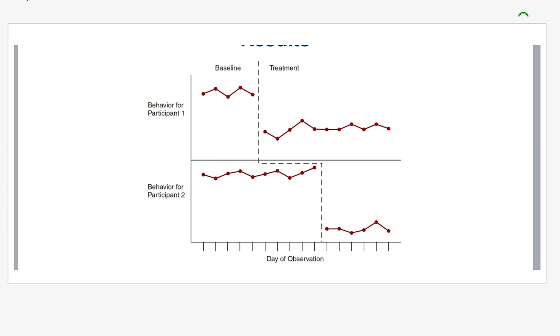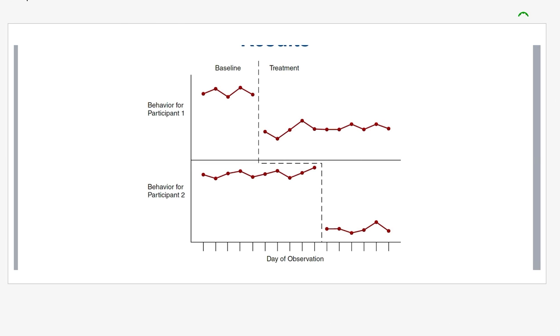So we did 10 days of baseline observations for participant 2, and then initiated the treatment phase. And you can see clearly here that the treatment obviously had an effect because it is an immediate and dramatic change for both participants when the treatment was initiated.